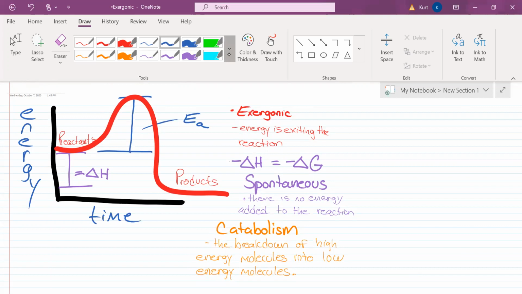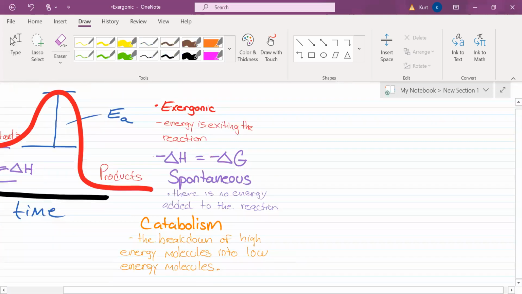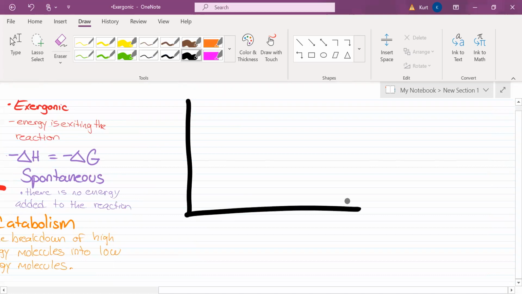Now, what I would like you guys to do next is I want you to create an endergonic graph for me. Draw me a graph that represents an endergonic reaction.